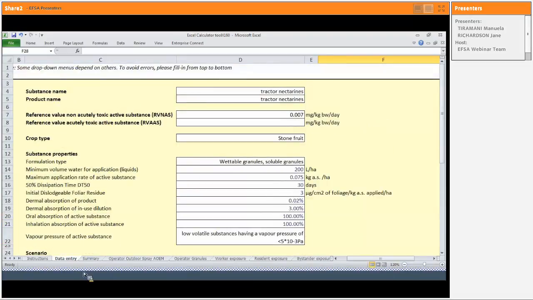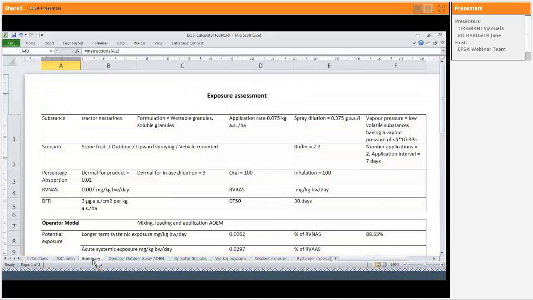So now we should have completed all the necessary information that we need to do pretty much all the calculations in the calculator. And so if we take a look at the summary sheet, we can see here, now this is summarized. So at the top, we're focusing on the input parameters. So we can see that the scenario is stone fruit outdoor upward spraying vehicle mounted. Here are the absorption values used. This is the AOEL that we supplied and some of the other default values.